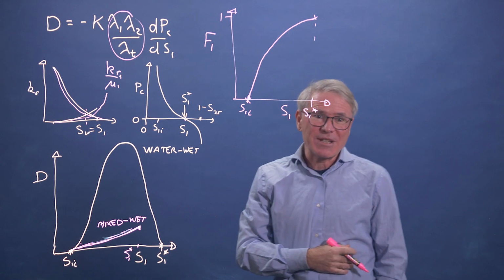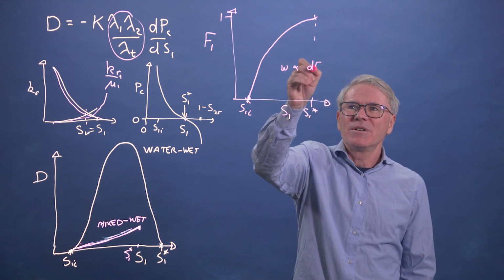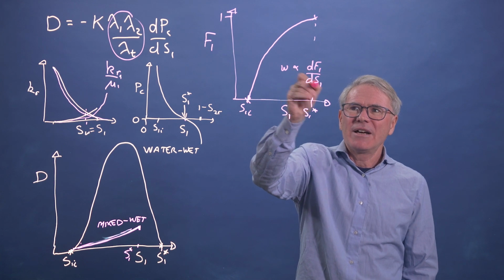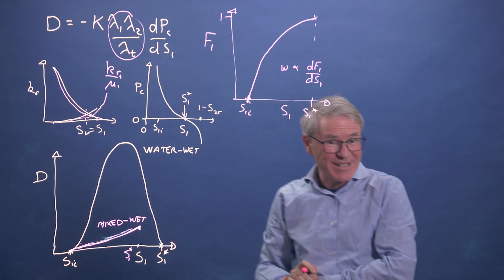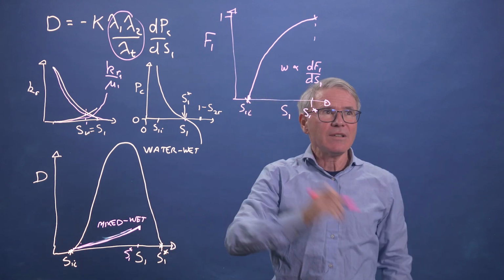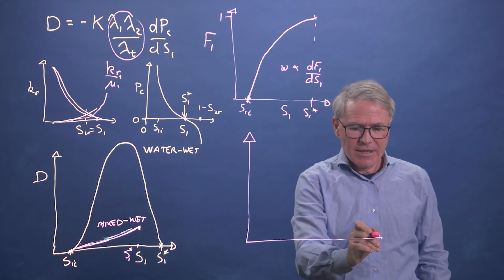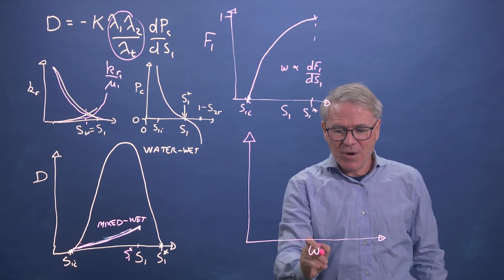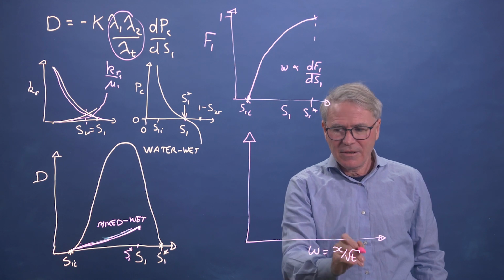So a little bit more interesting then is omega, which is proportional to dF1 by dS1. And obviously there is this C, which tells me the overall rate that's very much related to D. Okay. So the final plot we'll show here is omega, and this will have real units, right? This is x over root t, okay?